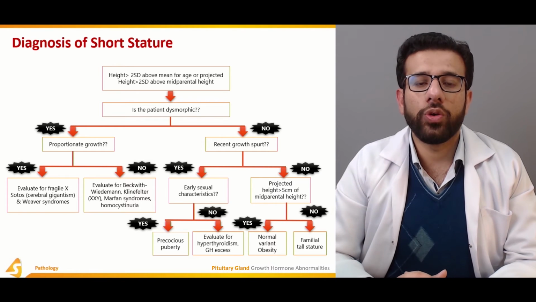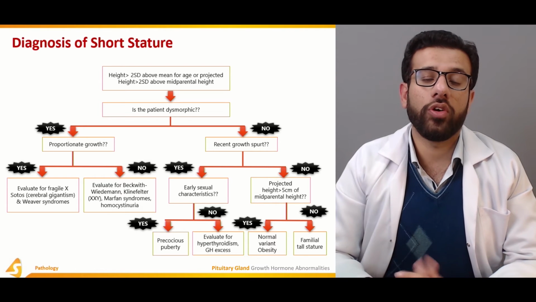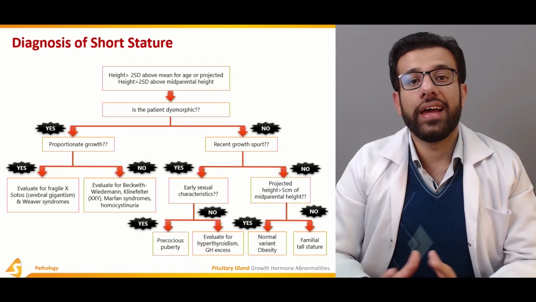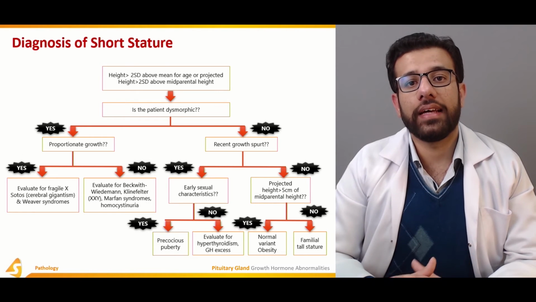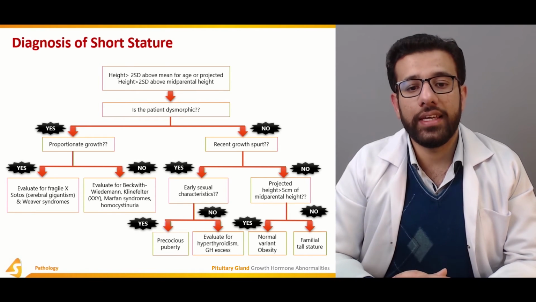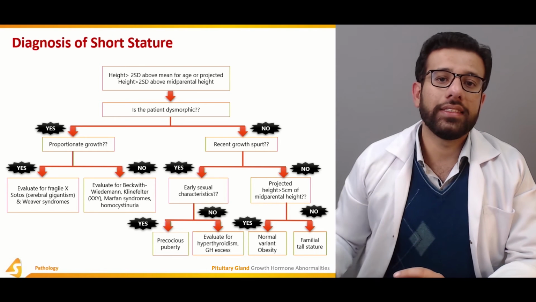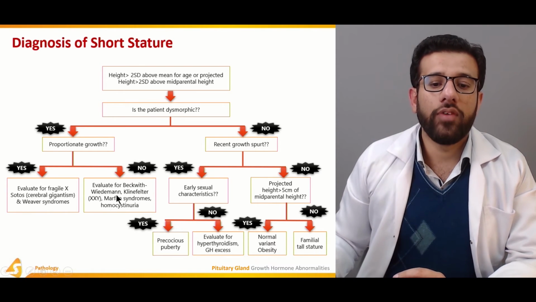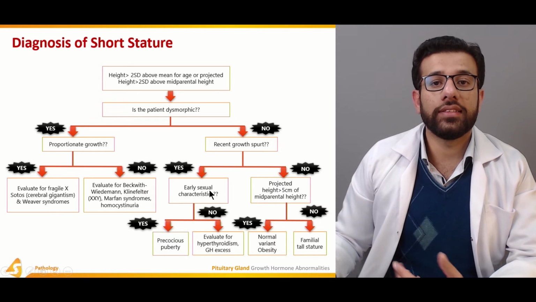There is the insulin growth factor 1, which is responsible for the growth, and this insulin growth factor is more stable than the growth hormone. So these levels are more helpful in the diagnosis of short stature. Then certain karyotyping for different syndromes can be done, or for early sexual characteristics.